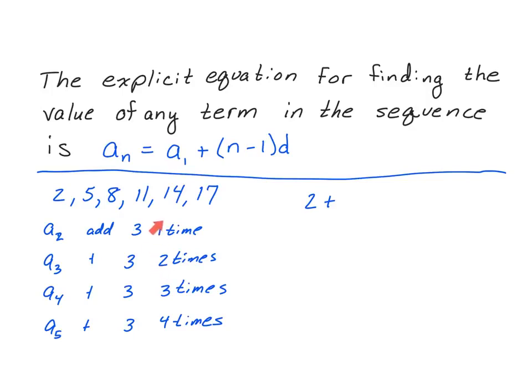Now, look at this number compared to this number throughout this process. This number is always one less than the term number that we are looking for. And so what we did is we took how many times we were adding the 3 and multiplied it by that 3, which was our difference.